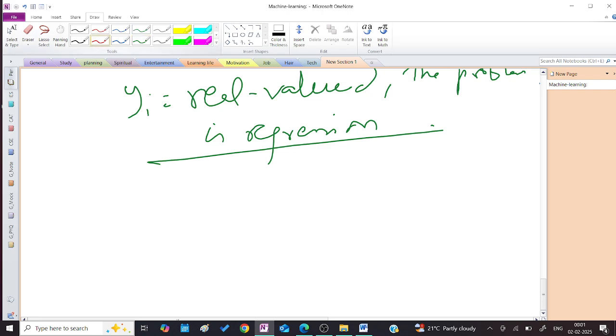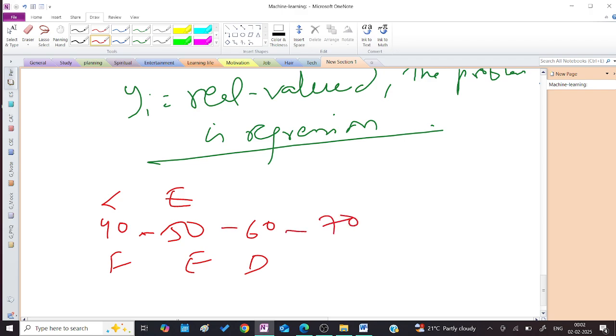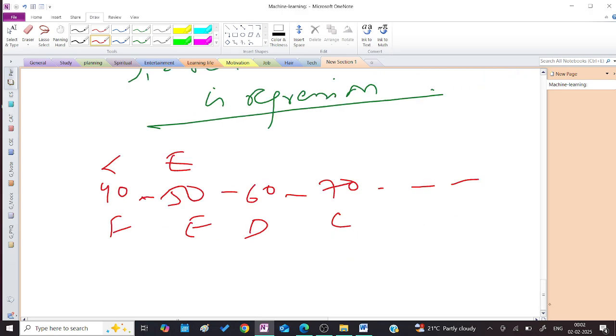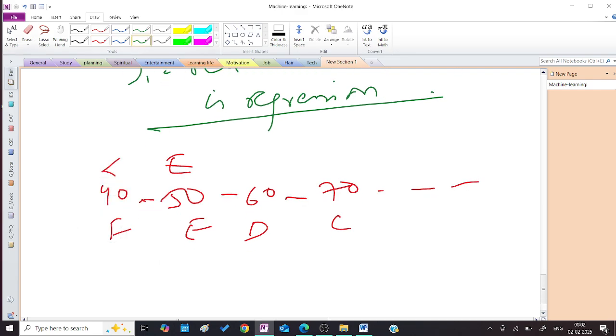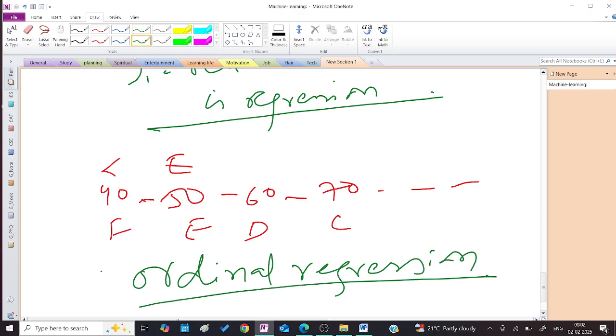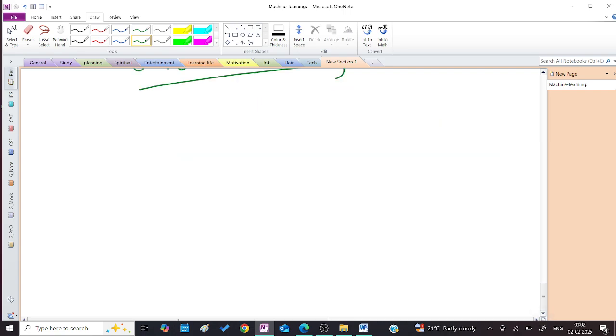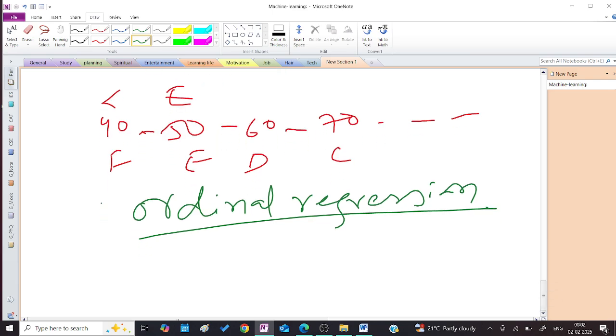Suppose we say less than 40 is fail, 40 to 50 is suppose E, 50 to 60 suppose D, 60 to 70 suppose C, similarly onward. Then we can say it is ordinal regression, because it has some natural ordering.